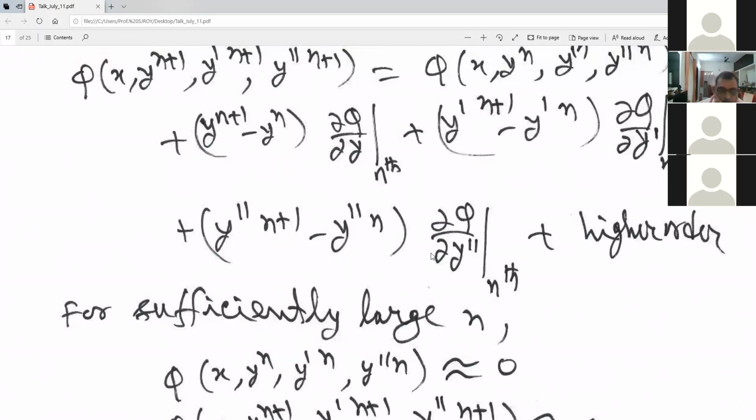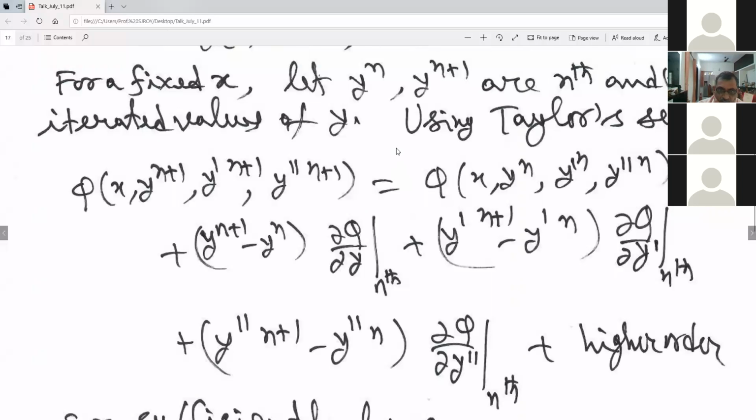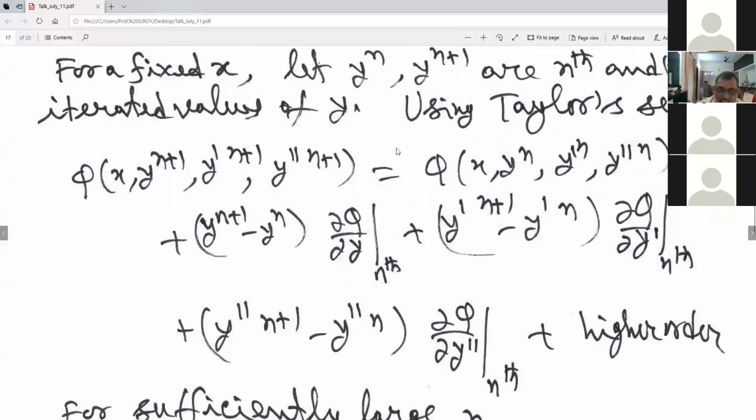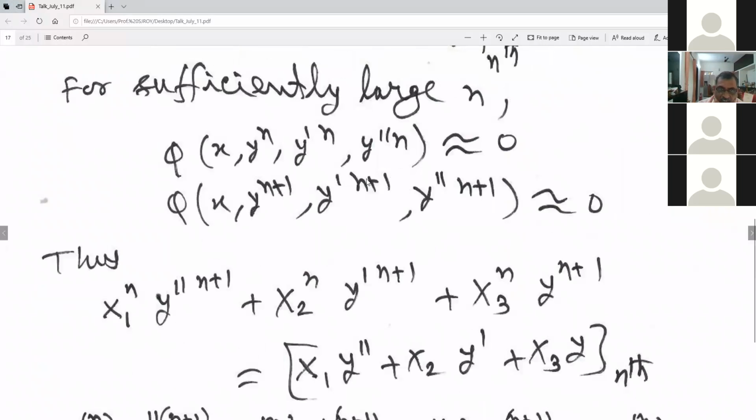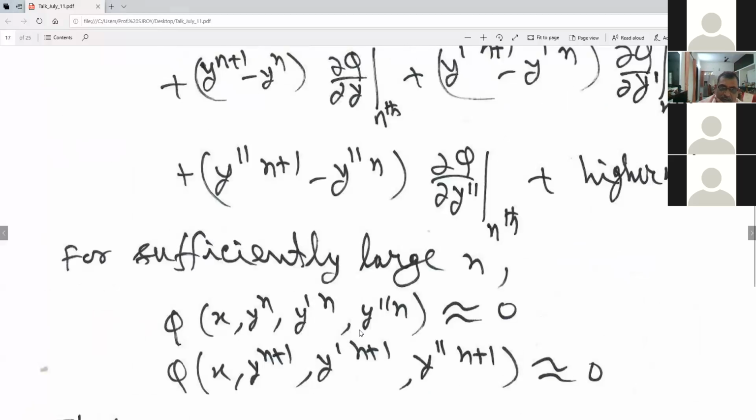So under this iterative approach, for sufficiently large iteration, n and n plus 1 will be connected by these equations. At the beginning, if I start with the 0th iteration, it will not be correct, but slowly it will correct. When exactly this equation is satisfied, at that time exactly this thing also happens.